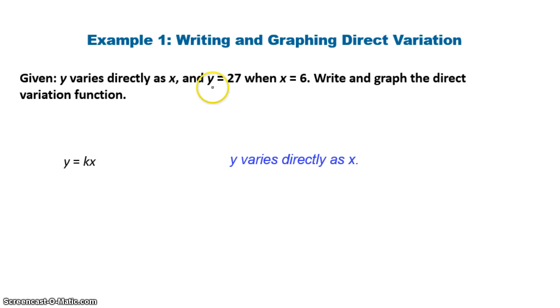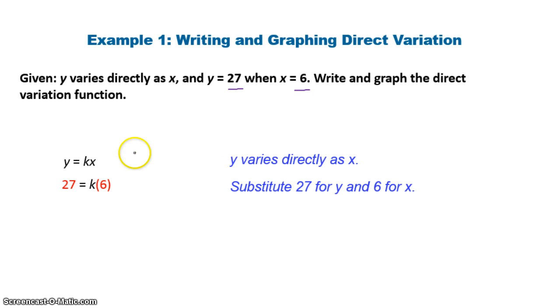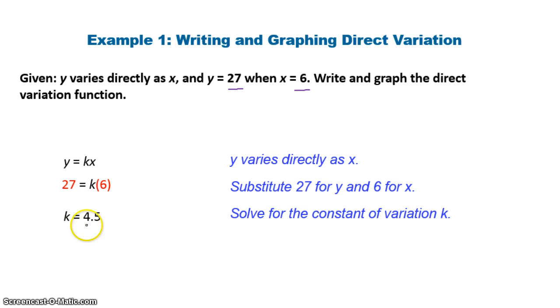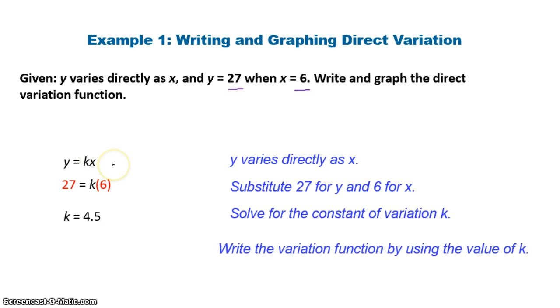We're going to put in the values they told us, our 27 and 6. And then at this point, we're going to solve for k. So that means we'll divide by 6 on both sides, giving us a constant of variation of 4.5. So we will rewrite our function, and we will replace our k. So there is your function.